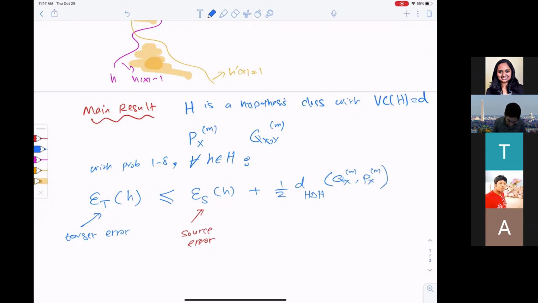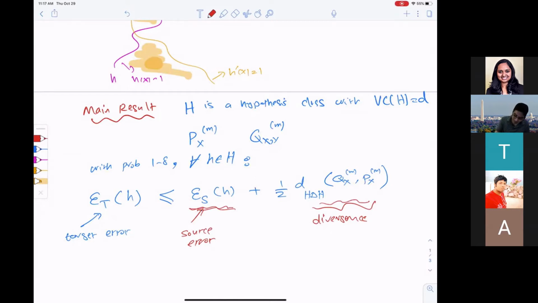We want this divergence term to be small. And remember, this was related to a classification error that can distinguish between source and target samples. If that classification error is small, the samples are easily separable, so then this divergence is going to be large. And although you can minimize your source error well, this term can be large, and then the bound can be loose. So having a small source error may not translate to a small target error.